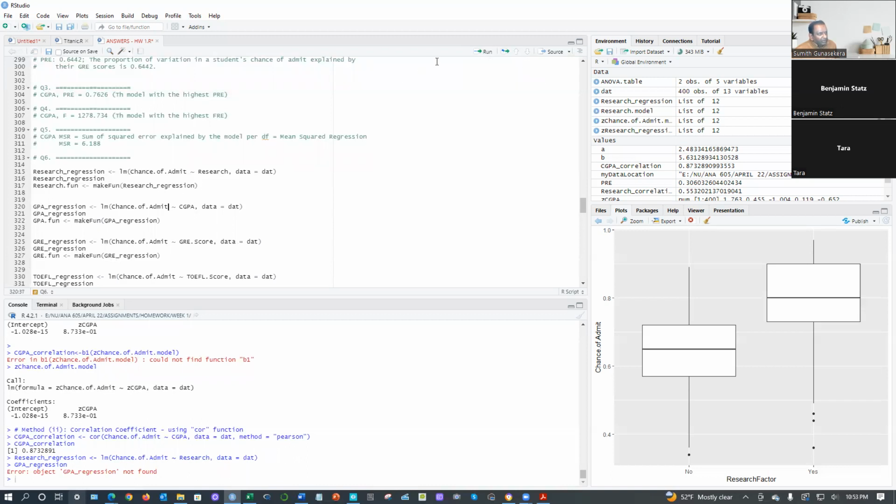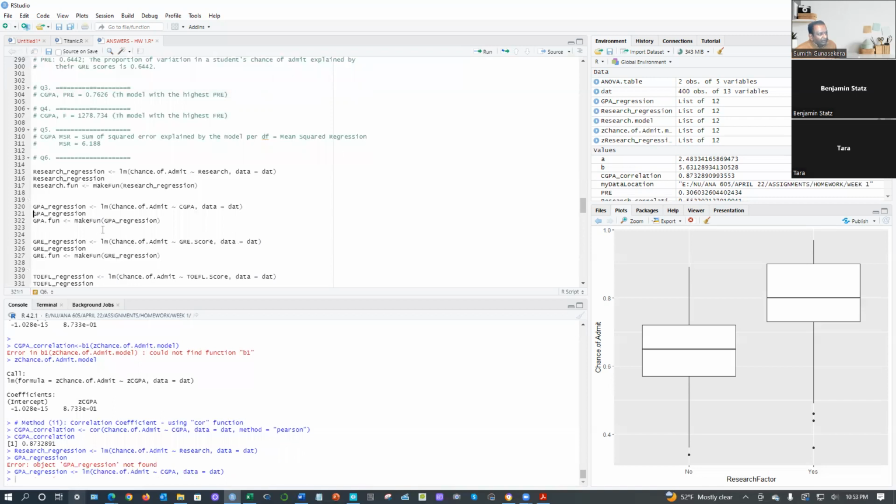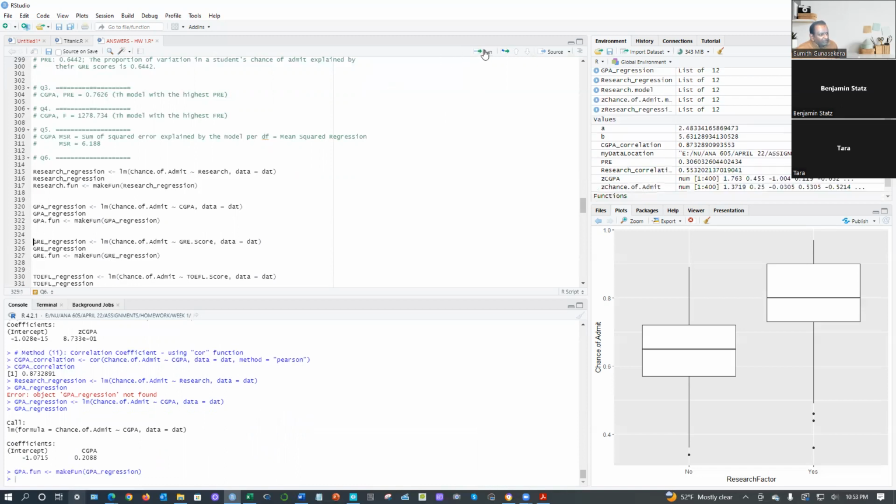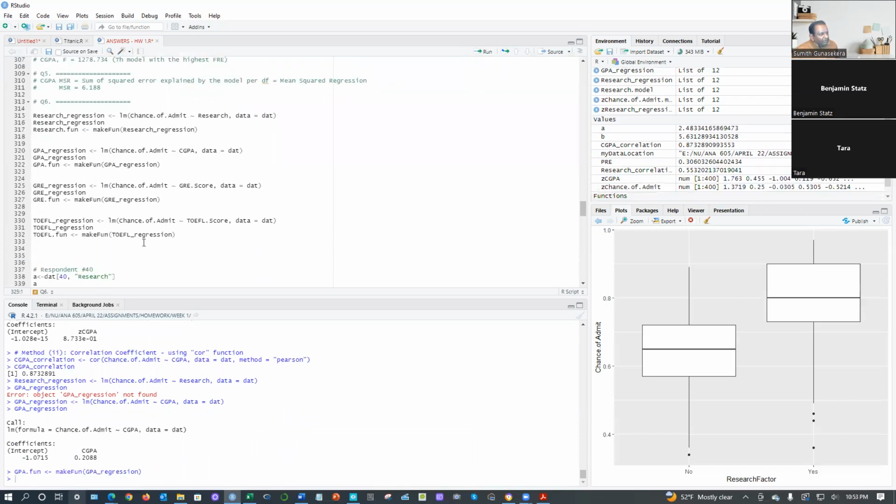This one. See, CGPA, make sure you put the CGPA. And I'm going to make a function. So I'm going to do this for all four models.